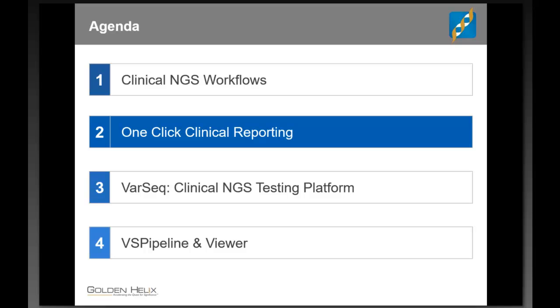So that's the background about what VS Reports is and how it fits into the existing VarSeq suite. And let's go ahead and demonstrate what this looks like from the perspective of the lab tech or the MD or the pathologist who is running through and looking at projects that come off of either a VS Pipeline automated run, or they've created a project using an existing VarSeq project template.